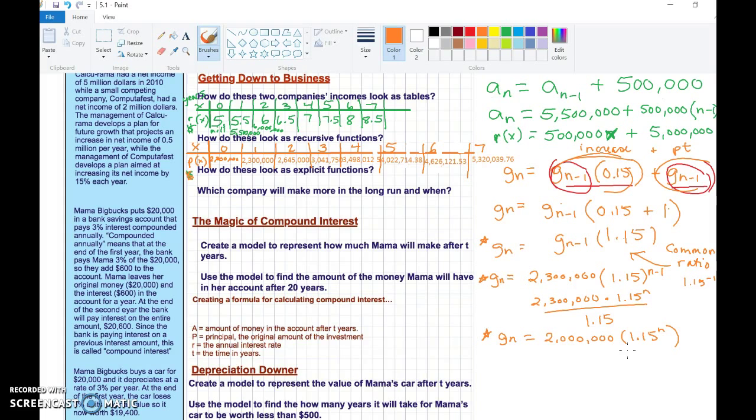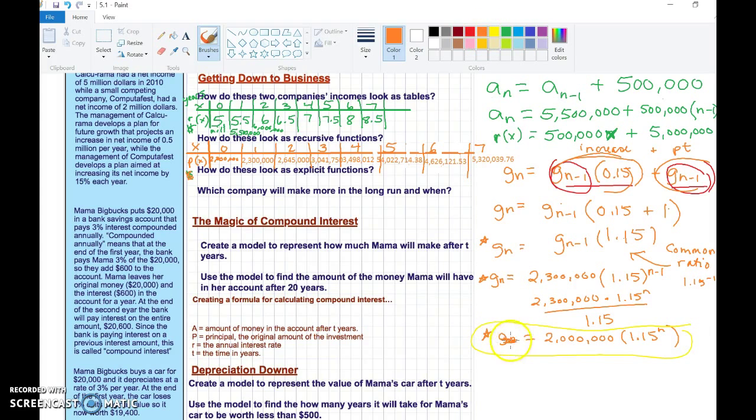Now, how do these look as explicit functions? We did it. Which company will make more in the long run and when? That just requires us to do a little exploring. So let's start by picking 10 years. What happens after 10 years? And let's use our exponential function, and let's not have this be G of n.